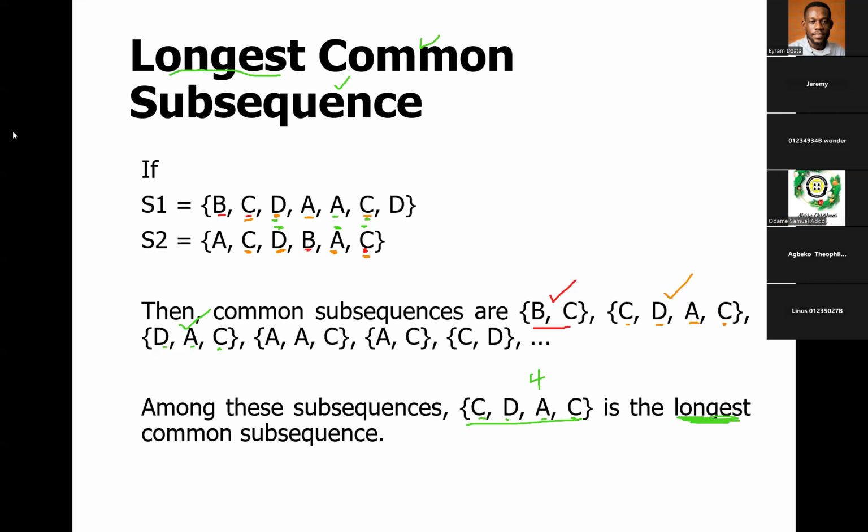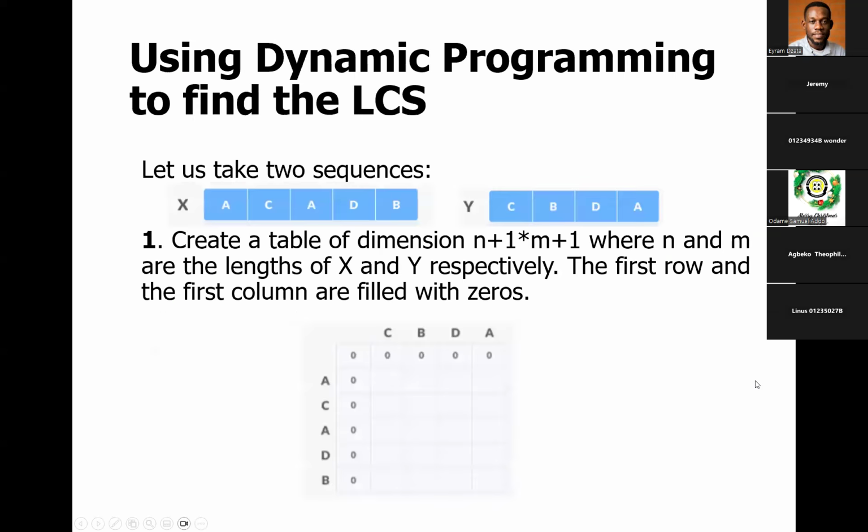Also, in programming, for instance, in version control, using Git, and so on. Dynamic programming with the use of the longest common subsequence is important when it comes to those examples.